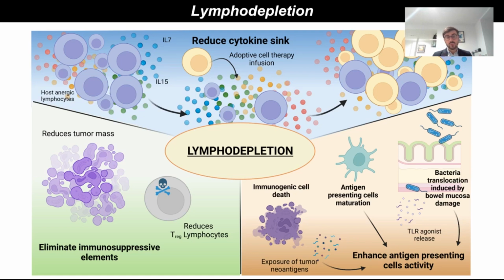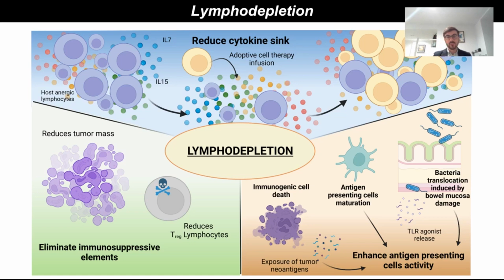Lymphodepletion is thought to work also through the elimination of Tregs that are inhibitory to effector T cells, but also by modulating the tumor and potentially allowing more CAR T cells to enter the tumor bed.